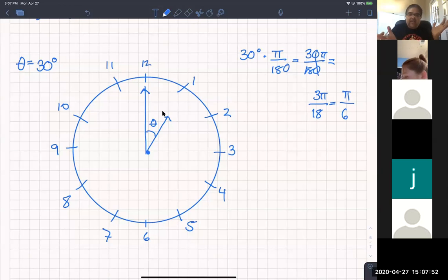Well, what length of the minute hand do they say? I just know it says the radius of the clock is 6 inches. Okay, so this is 6 inches. So how do I calculate the arc length?